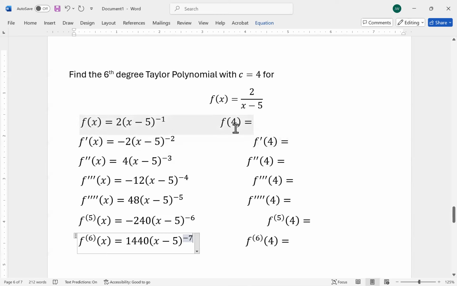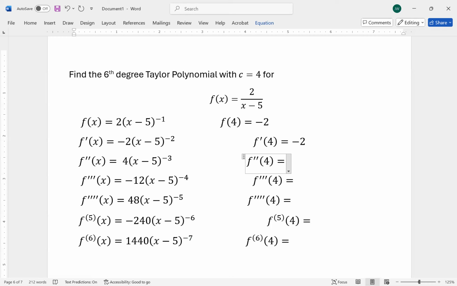When you plug in 4, basically you get a negative 1 in this parentheses. So when I plug in 4, I'm getting 2 times negative 1 to the negative 1 power. That's like 2 divided by negative 1. So that's negative 2. When I plug in 4, I get negative 2 times negative 1 to the negative 2 power. That's like dividing by negative 1 squared. Negative 1 squared is positive 1, so you get negative 2.